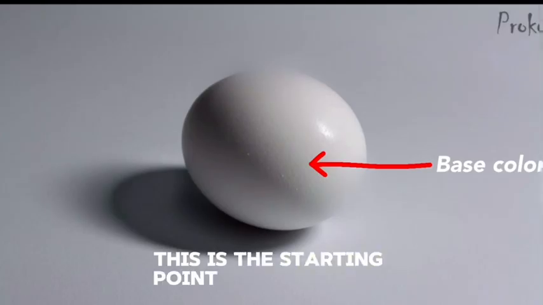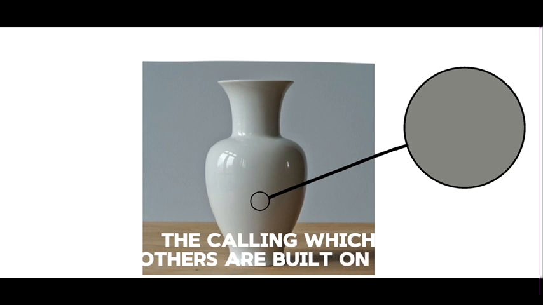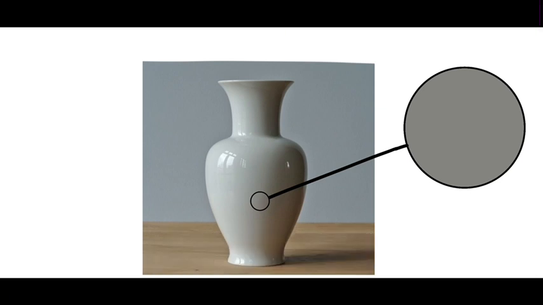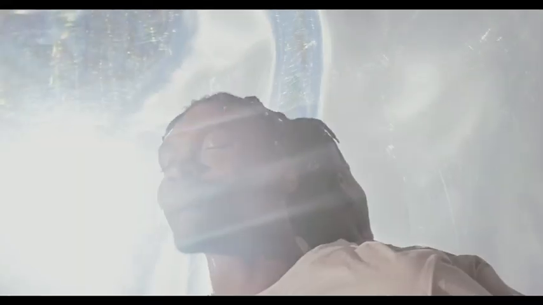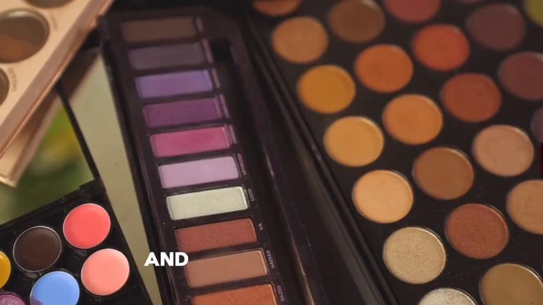This is the starting point of any render, the color on which others are built, or the major color in an art. How bright the base color is depends on 3 things. Firstly, how bright the light source is. Second, the angle of the object in relation to light, and the color of the object. Now moving back to how bright the light source is.